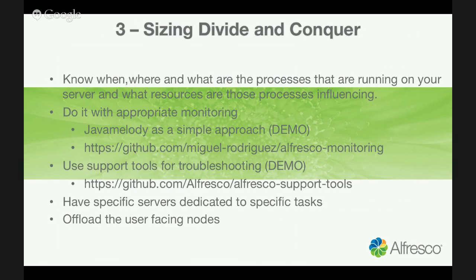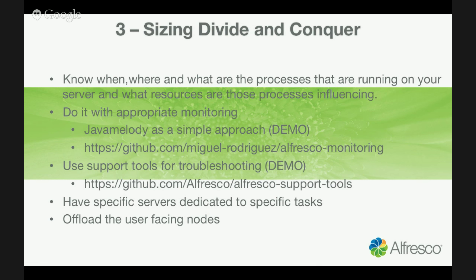I call it divide and conquer, meaning when you know your architecture and your deployment, and you know when, where, and what are the processes that are running on your server or servers, and you know what resources those processes are influencing, you can start by dividing work.